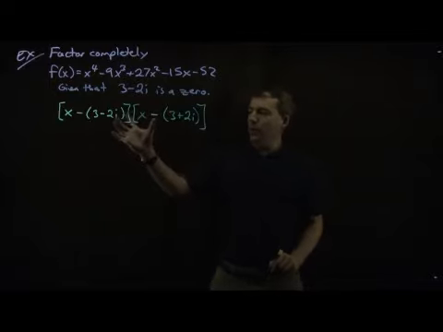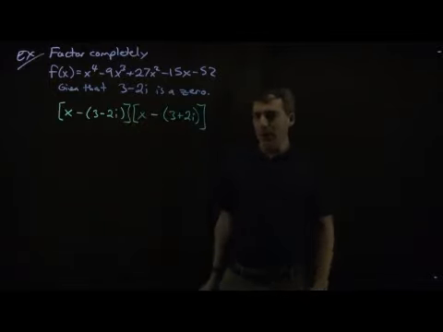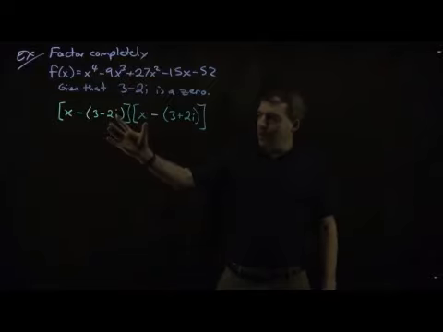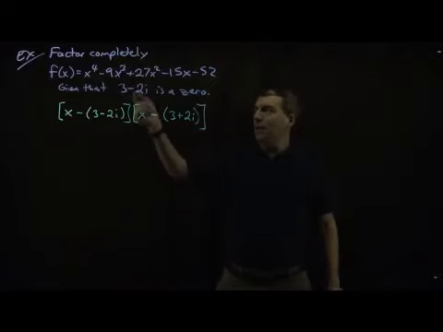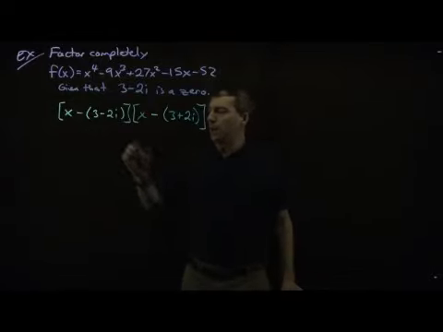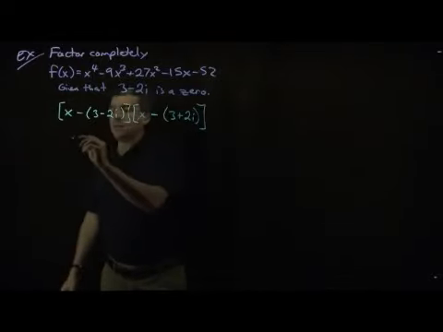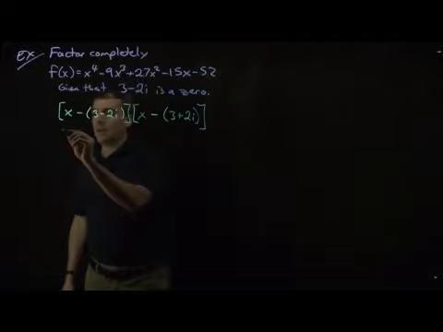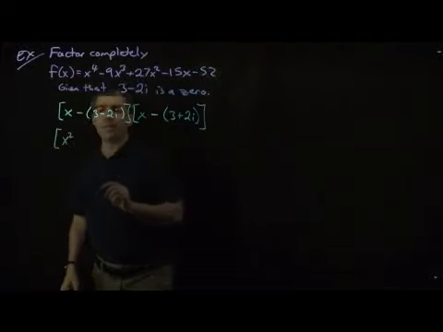All right, so if both of these are a factor, then the product will be a factor. So let's multiply this out, and then we'll take that and divide it into our polynomial and see what's left. Okay, so we have x times x, that's going to be x squared.